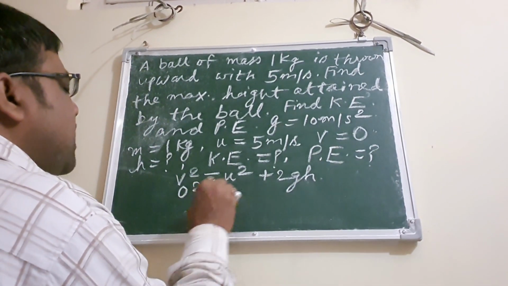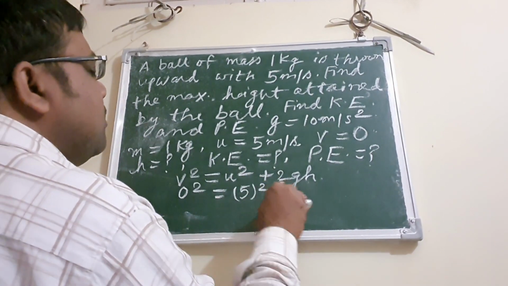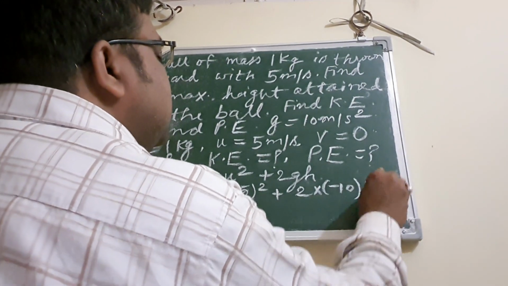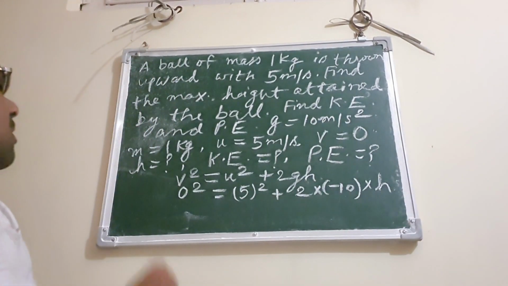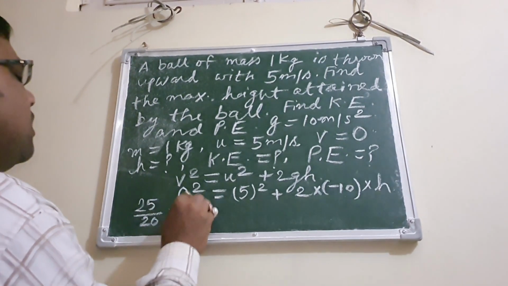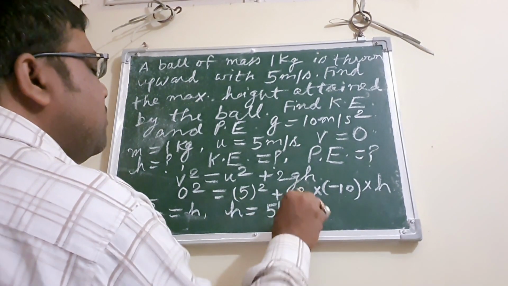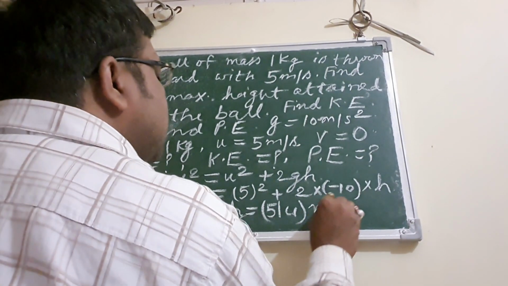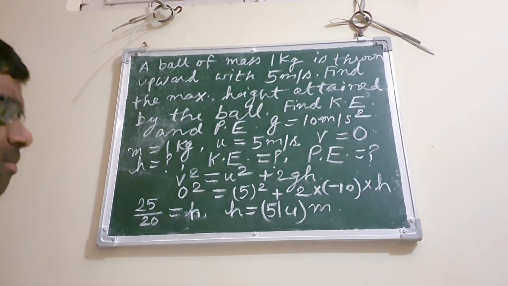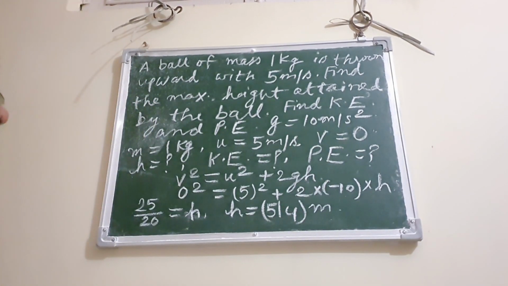So 0 square equal to 5 square plus 2 into minus 10 into h. So it is coming out to be 25 upon 20 equal to h. So h is coming out to be 5 by 4 meters. So this is the height attained by the ball, the maximum height, 5 upon 4 meters.